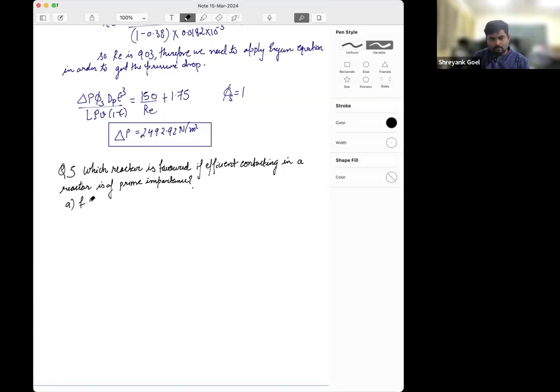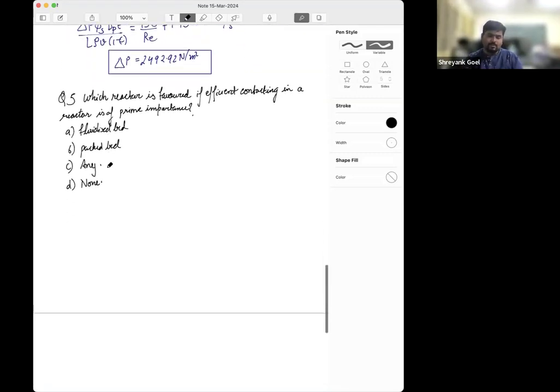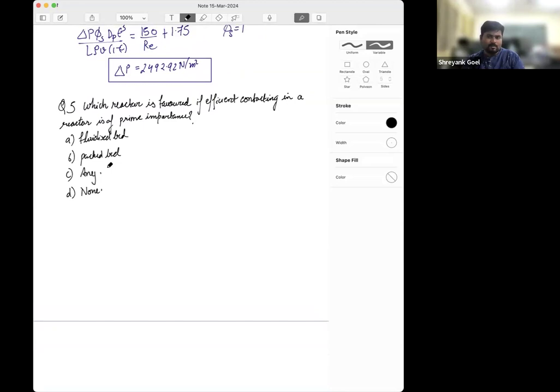The fluidized bed, packed bed, any one, or none. So this is an easy question. Can you just answer it, maybe on chat or wherever?